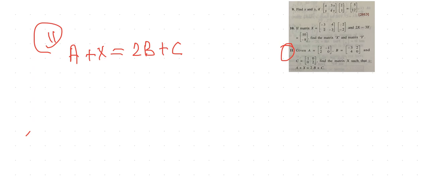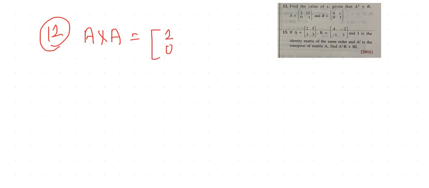Okay, we'll be now moving to question number 12. So in question number 12, the question is what? Find the value of x given A squared is equal to B. So A squared will be equal to what, children? Clearly it will be equal to A into A. So what you will be writing? You will be writing 2, 0, 12, 1 and then 2, 0, 12, 1. So this you will be multiplying.